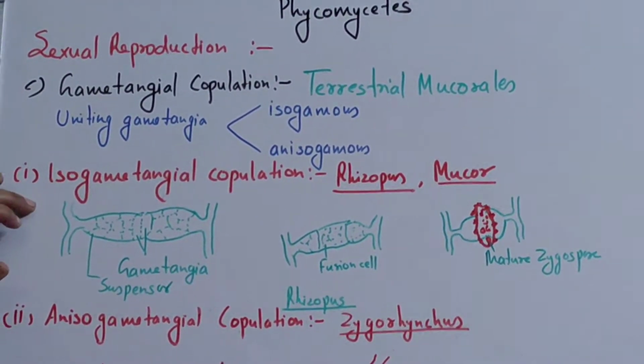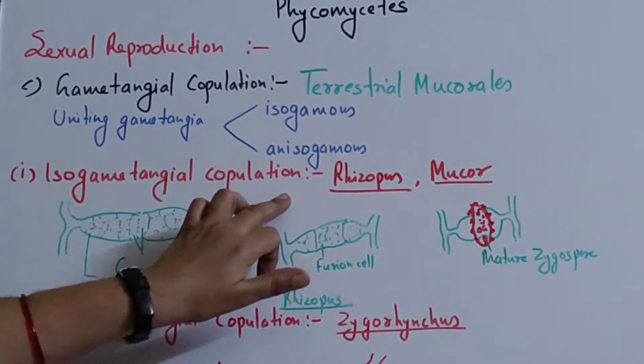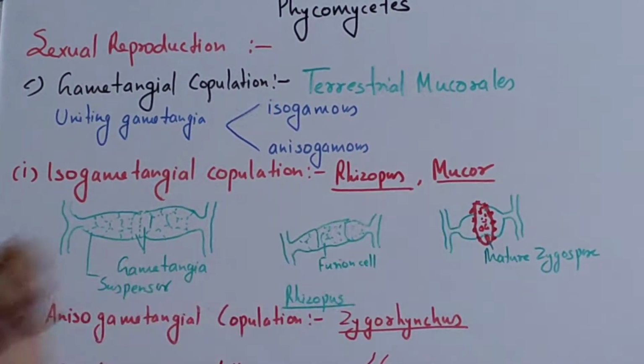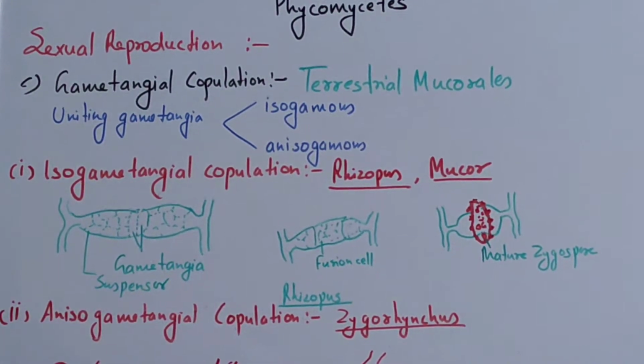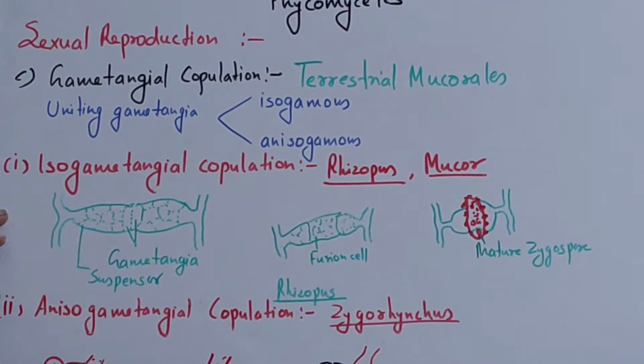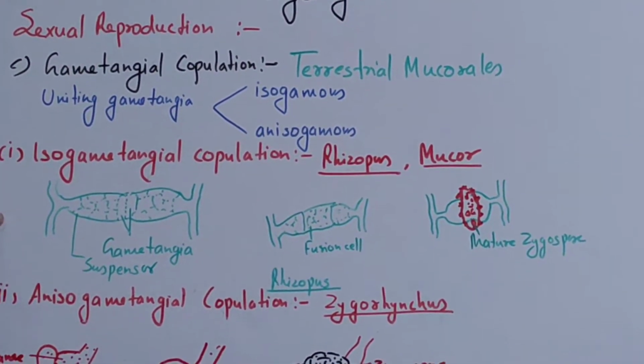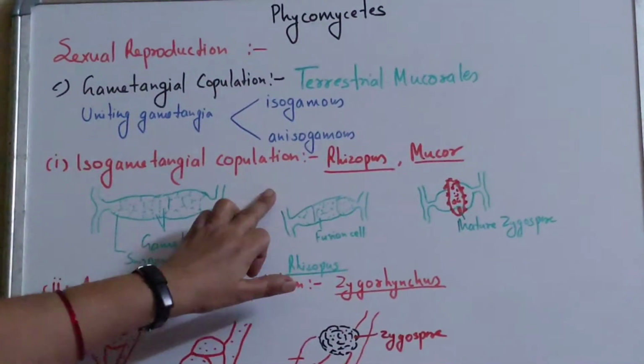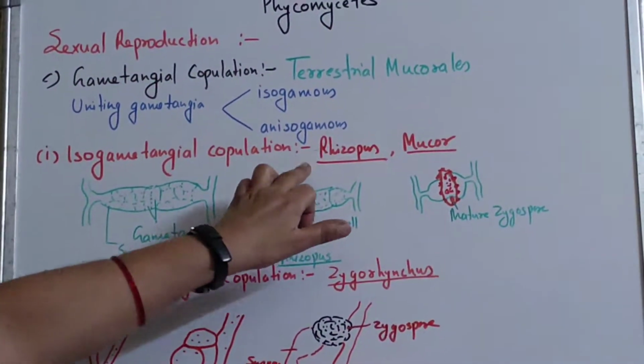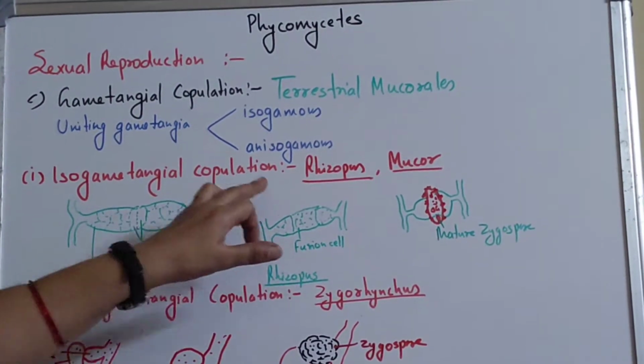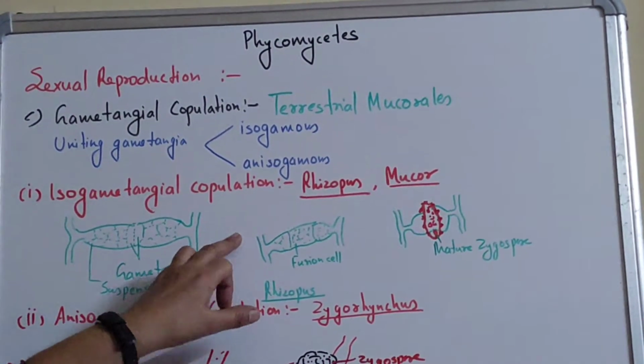In isogametangial copulation, as it occurs in Rhizopus and Mucor, what happens? The cases may be homothallic or heterothallic. In these genera, both the cases may occur.